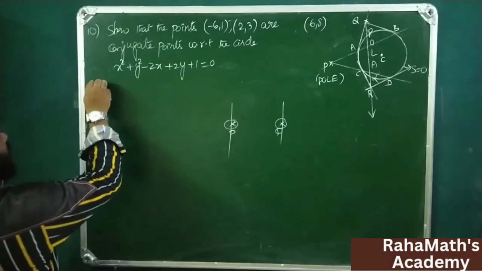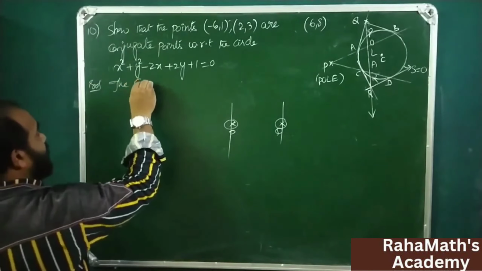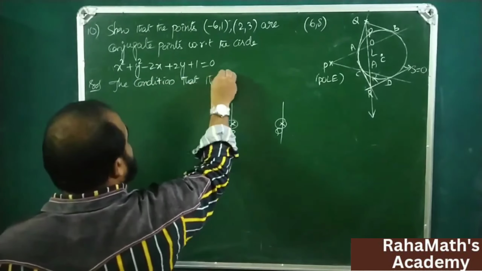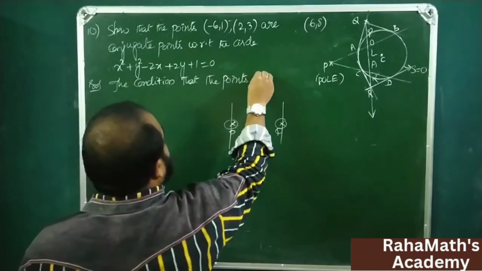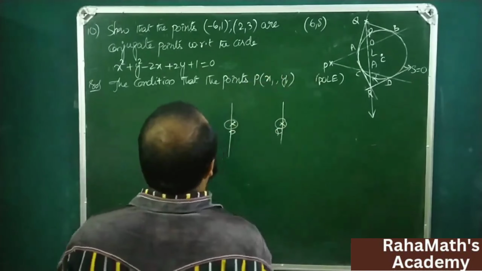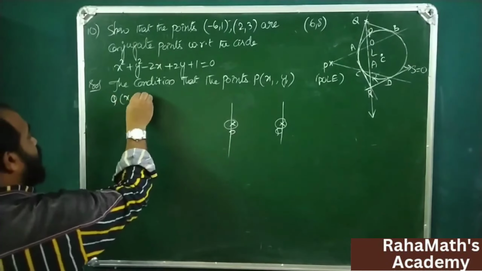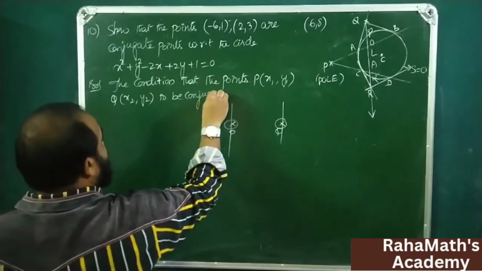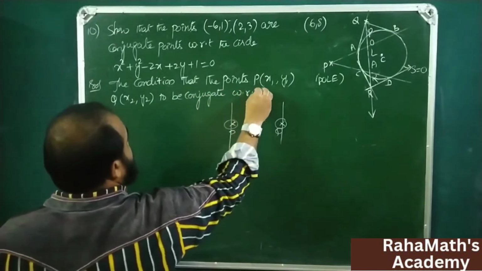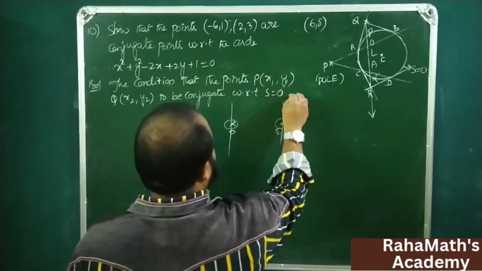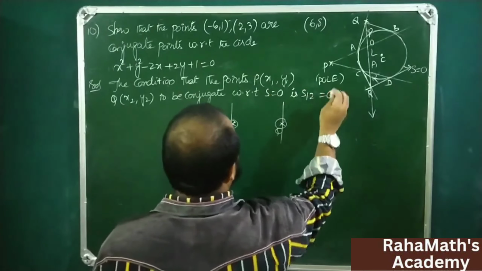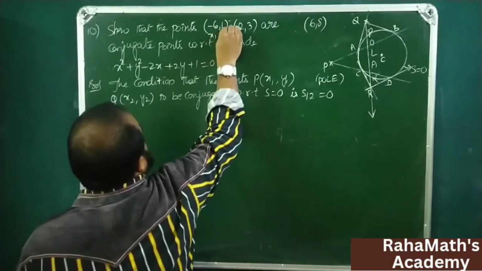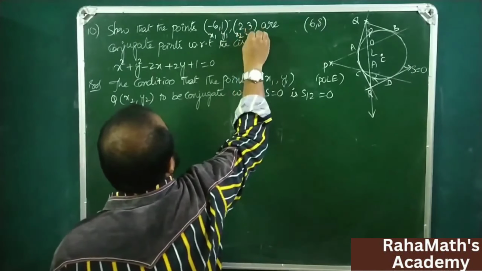The condition that the points P(x1, y1) and Q(x2, y2) be conjugate with respect to the circle S equals 0 is S12 equals 0. So (x1, y1) is this and (x2, y2) is this.